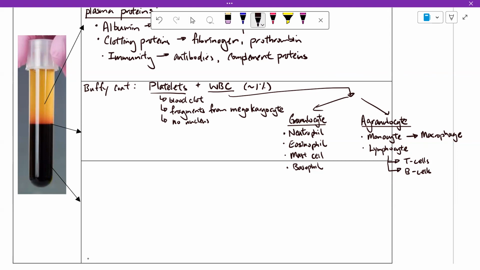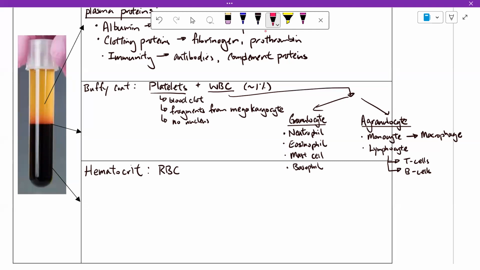Then we have this big portion at the bottom. That is the red blood cell. This red blood cell portion, that's the hematocrit, which contains RBC.